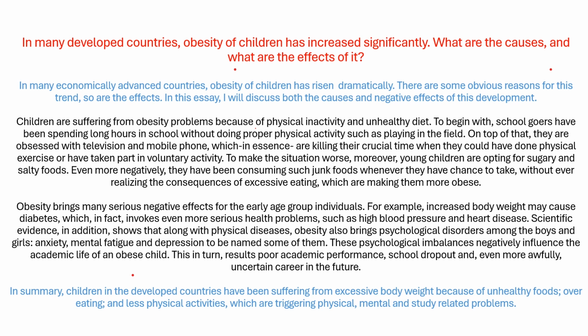So again, let us go through this. Keep in mind that in the second body paragraph, we will write about the negative effects of this development. We can remember this from the thesis statement part of your introduction. Here again, the main subject is obesity, and also a claim based on negative effects: obesity also brings many serious negative effects.